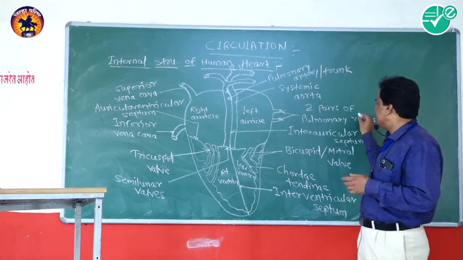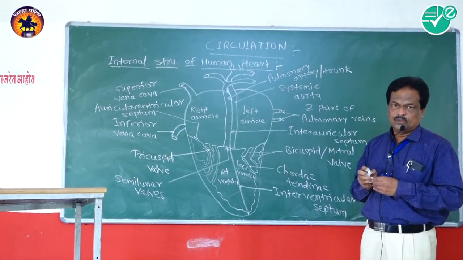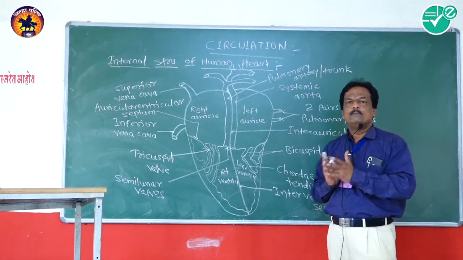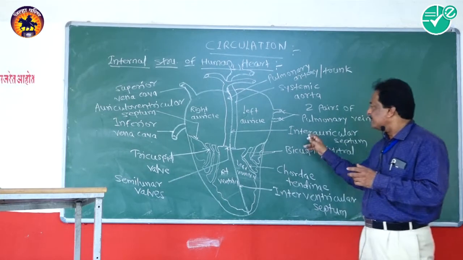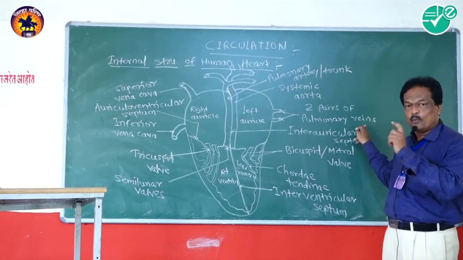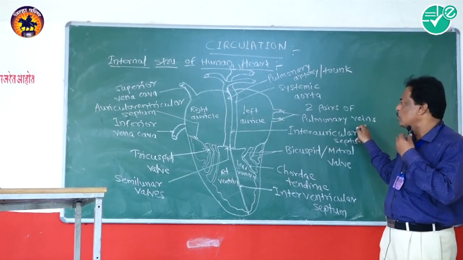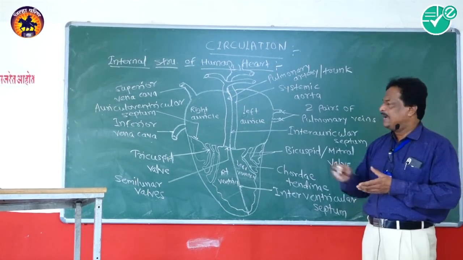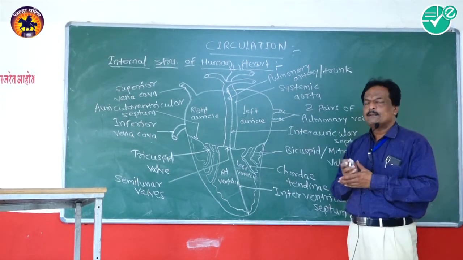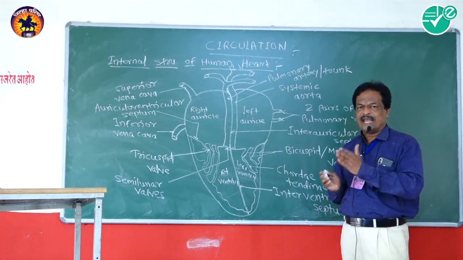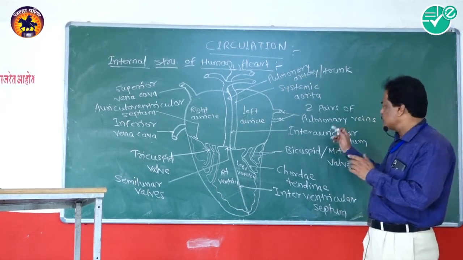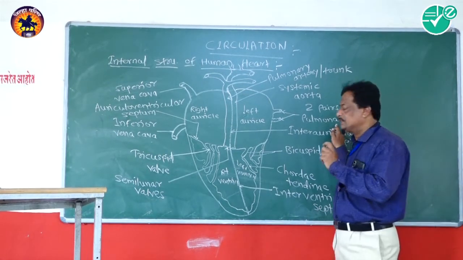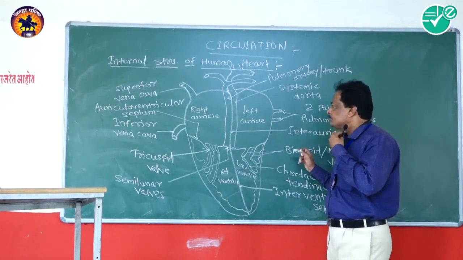Generally, veins carry impure blood, but the pulmonary veins, which originate from the lobes of lungs and enter the left auricle, carry pure blood. That's why they are called exceptional veins which carry the opposite function.